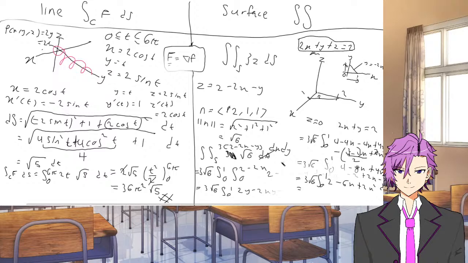Where did I go wrong exactly? 3 square root 6. This should be minus 1 over 3, equals minus square root 6. I think there's an error somewhere, but I think we'll leave it out for now.